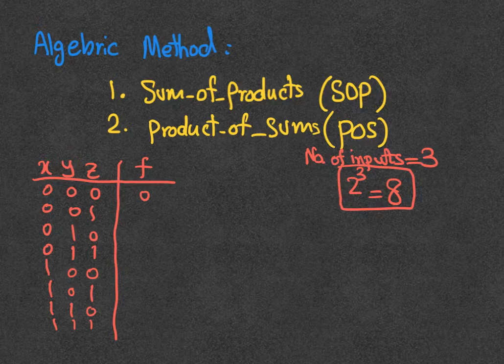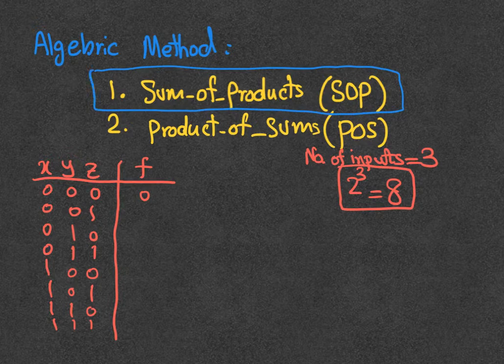So now first we want to discuss the sum of products, SOP. Let's say you have the output for this circuit, let me write down the output for this circuit. The second one is 1, 0, 1, 0, and then the last 3 are 1.